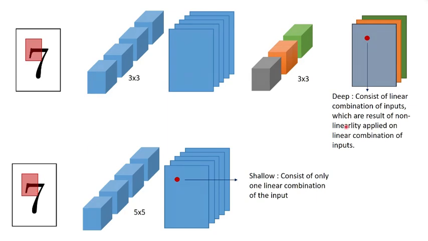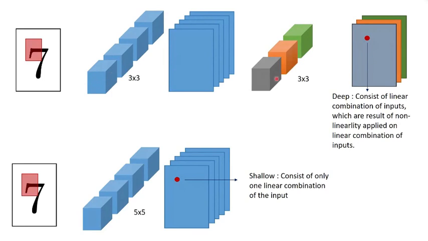Whereas in the deep case, the feature value is a result of a linear combination of features which have come from the application of non-linearity on a linear combination of inputs. So this one is produced because we did the linear combination of these features, and these are produced from the linear combination of those features.